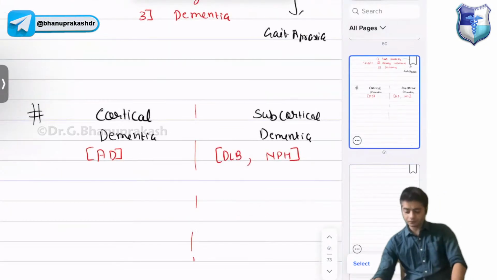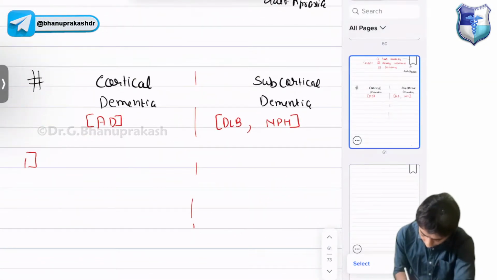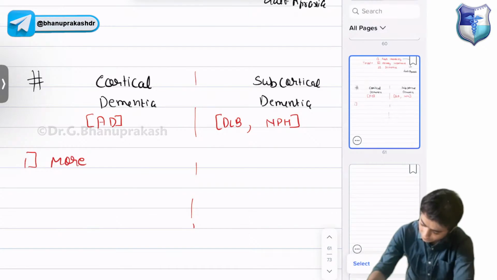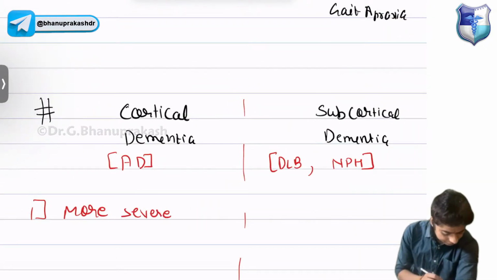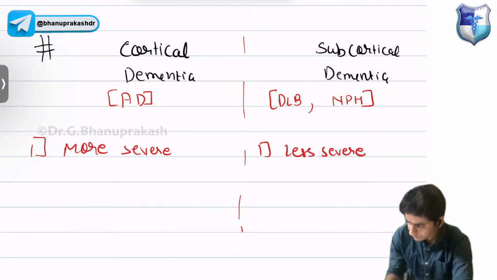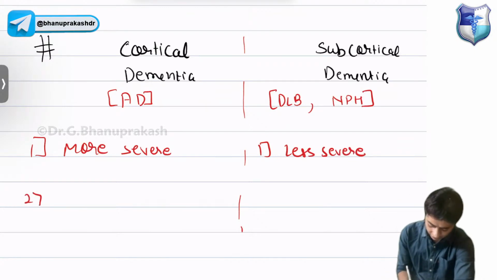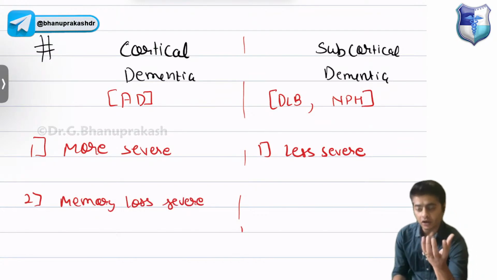Now see, first, dementia here will be more severe. Dementia here will be more severe. It will be less severe here. Memory loss here is severe, because in cortical dementia the temporal lobe will be gone, so severe memory loss.